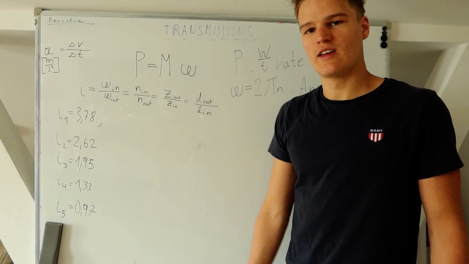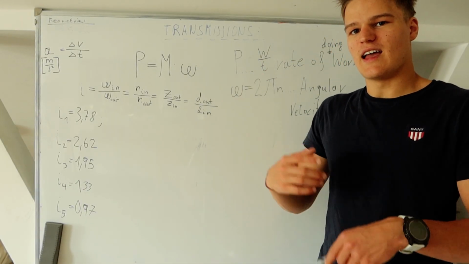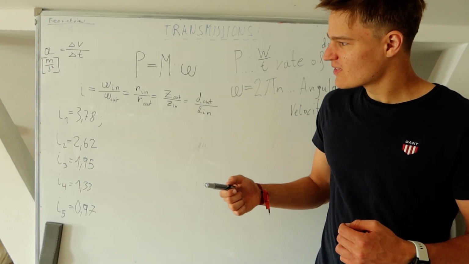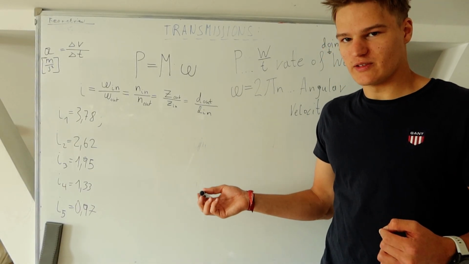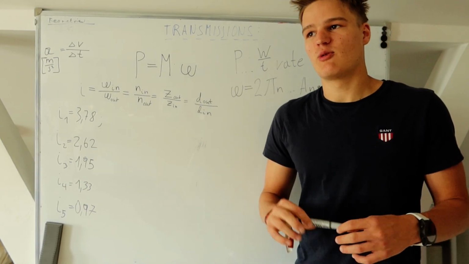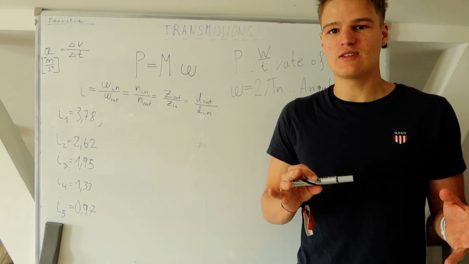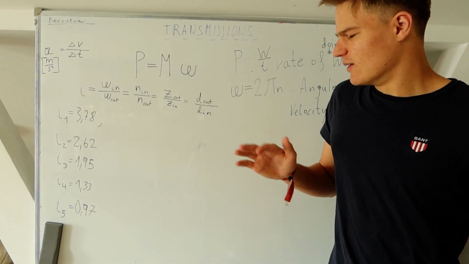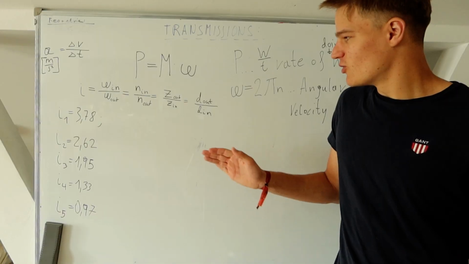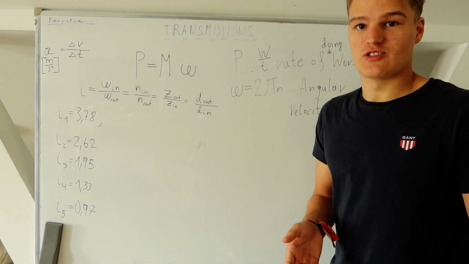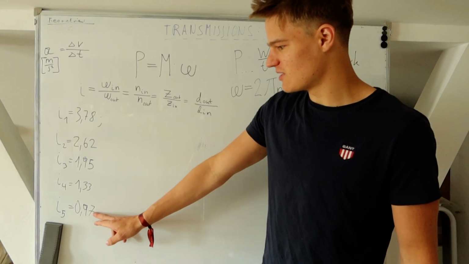This is close to 1. It means that the engine's rotation speed is about the same as the speed on the wheels, right? It's not really the truth because there is a differential in between, which has about a gear ratio of 3.7 or 3.5. But if there were no differentials, the wheels would be turning with about the same speed as our engine is turning, right? This is basically what this means.